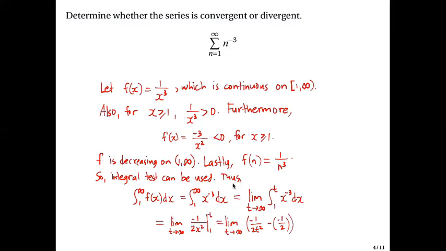And as t goes to plus infinity, negative 1 over 2t squared will go to 0, and you will get positive 1 half. Meaning, this improper integral is convergent, and therefore, by the integral test, this series is convergent.